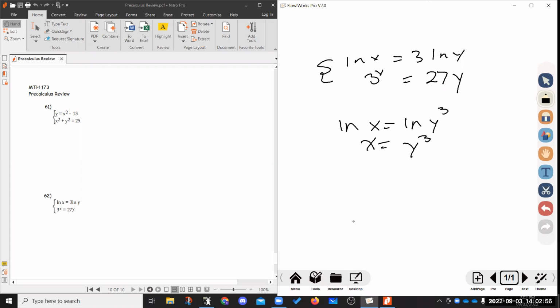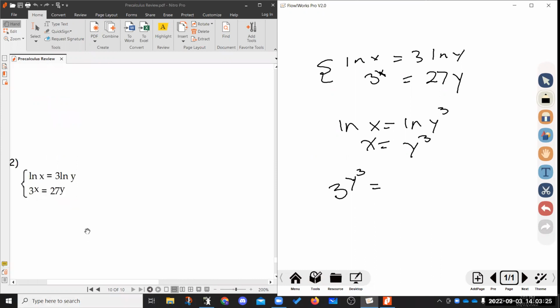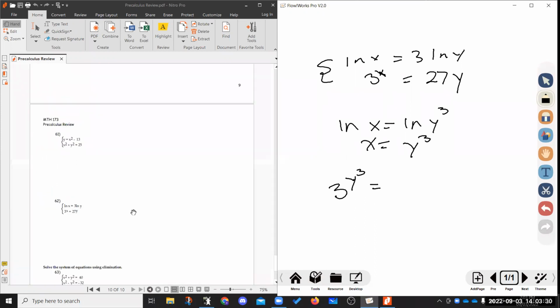So I can come back and say, 3 to the y to the third is equal to 27. Let me zoom in on that. Now that's all on the same level.